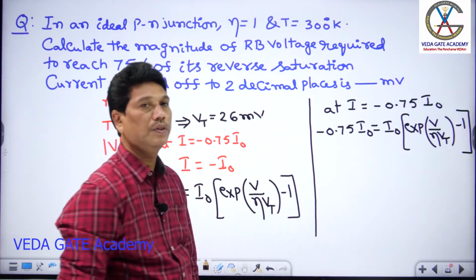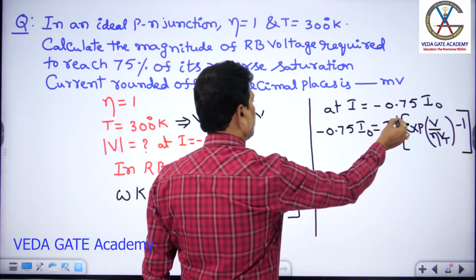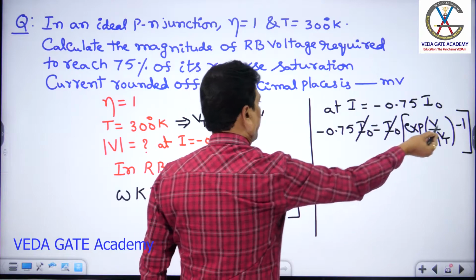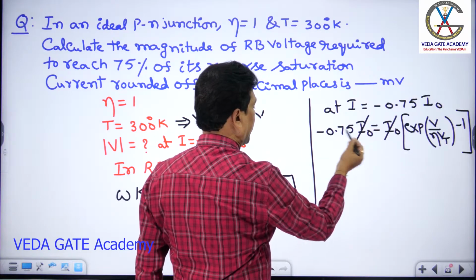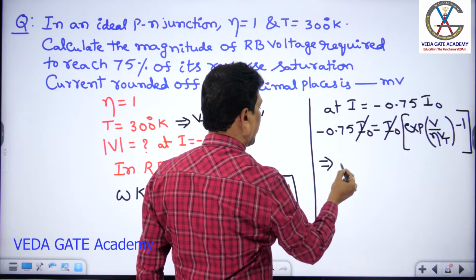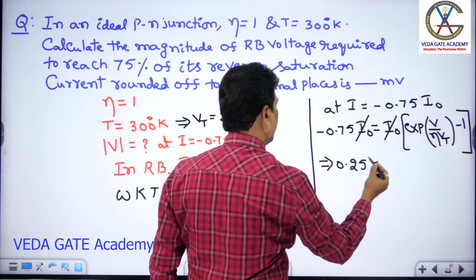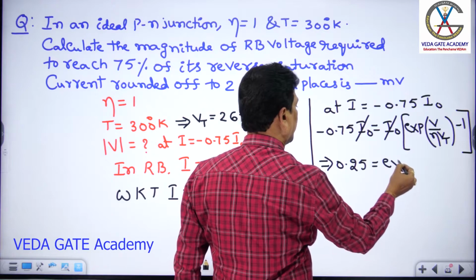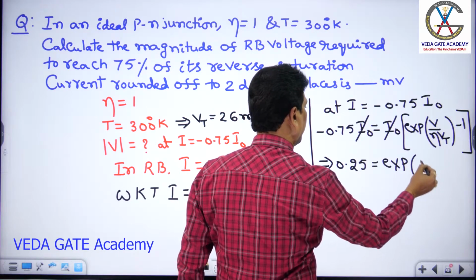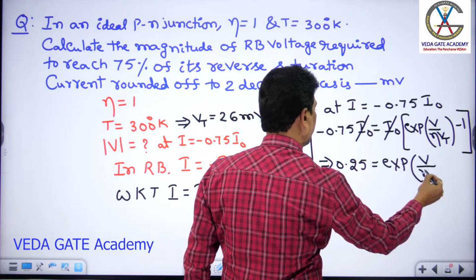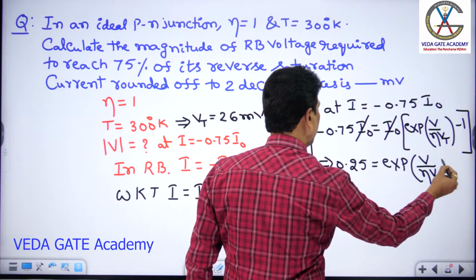So I naught cancels out. Take 1 to this side: 1 minus 0.75 becomes 0.25, which equals exponential of V by eta Vt.